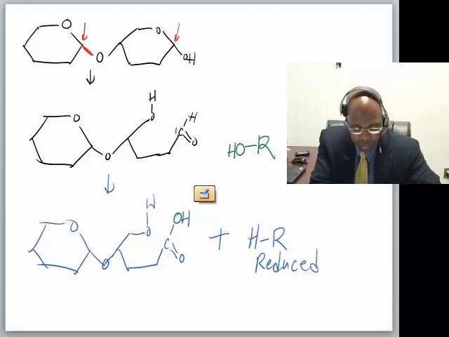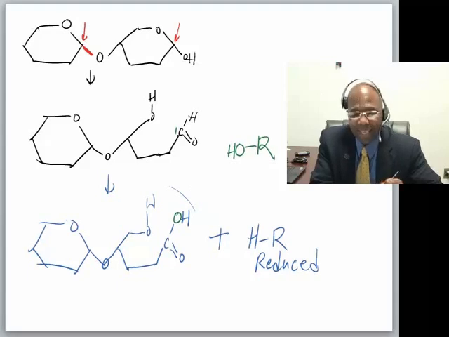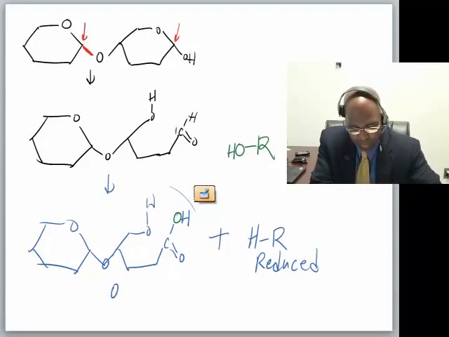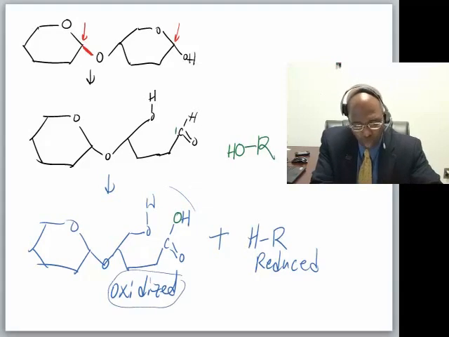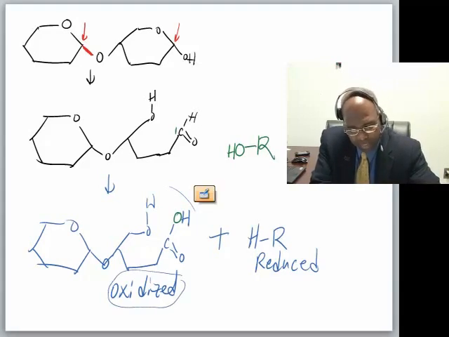And so, of course, if we just name this monosaccharide and this carbon 1, this would be an aldonic acid. And so this becomes oxidized. And we've already seen that. And that's really not what's important here. The important thing is that this can open up, and when it opens up, it can reduce something else.